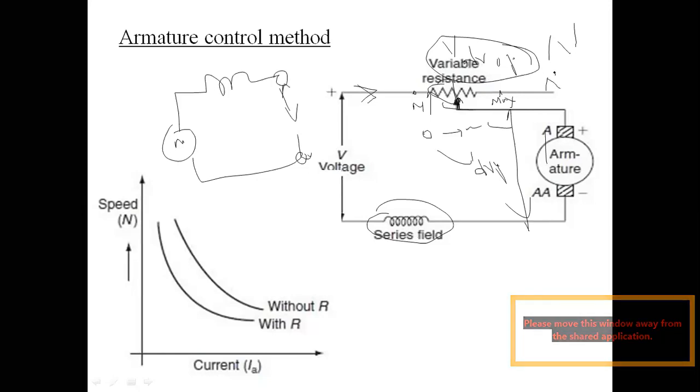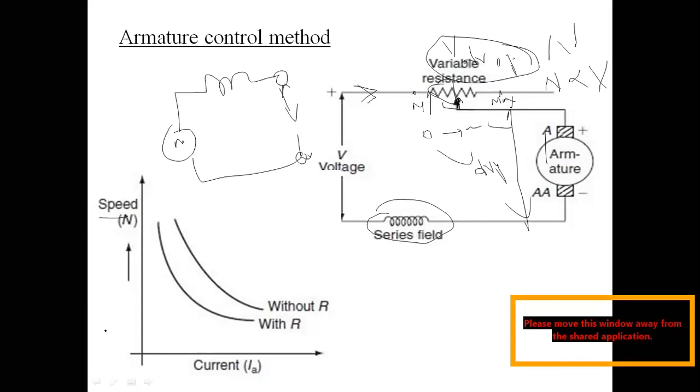because the speed of the motor depends upon the variable voltage. So by this relation, we have the characteristics drawn between the speed and the armature current.